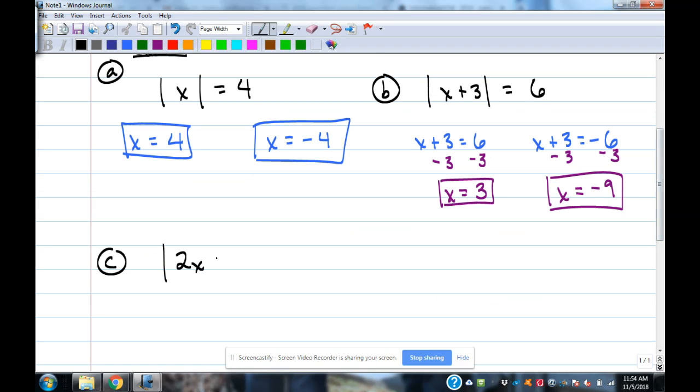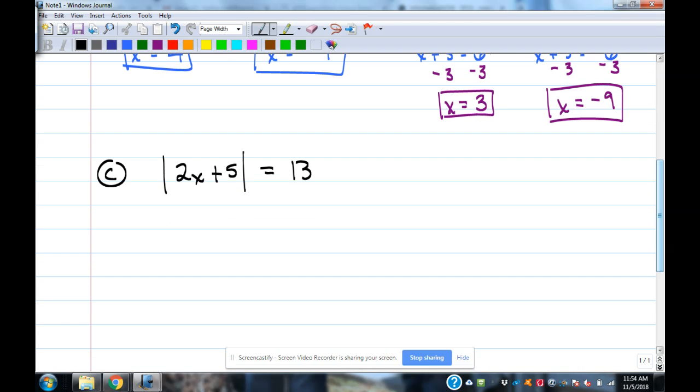Let's say we had the absolute value of 2x plus 5 is equal to 13. So the absolute value of something is 13 units away from 0. So we set up two equations. What are the two equations that we would set up for this problem? 2x plus 5 is equal to what?